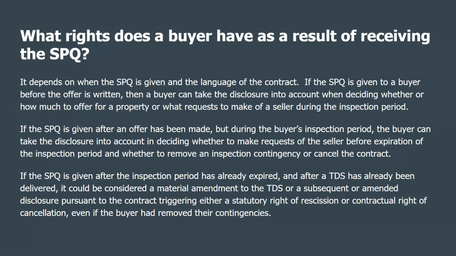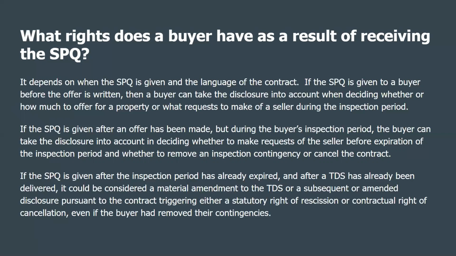If the SPQ is given after the inspection period has already expired and after a TDS has already been delivered, it could be considered a material amendment to the TDS or a subsequent or amended disclosure pursuant to contract triggering either a statutory right of rescission or a contractual right of cancellation, even if the buyer had removed their contingencies.